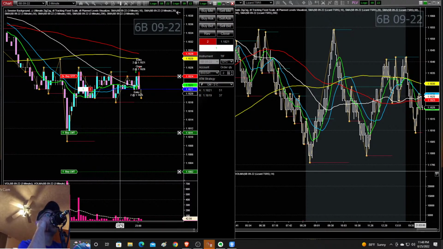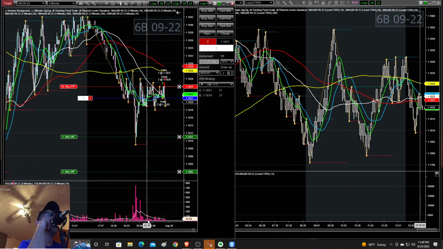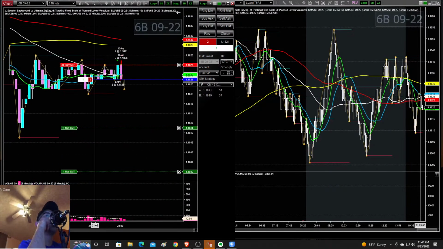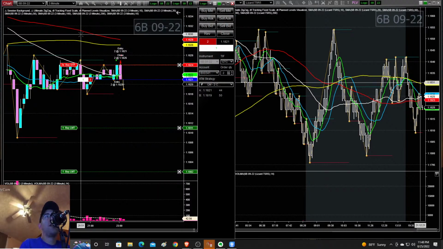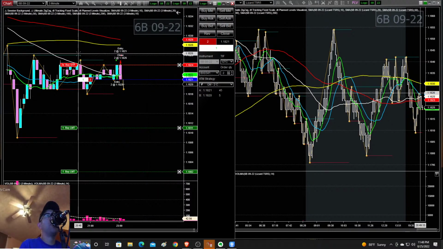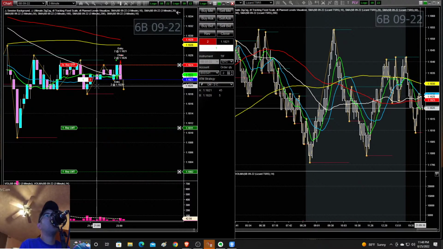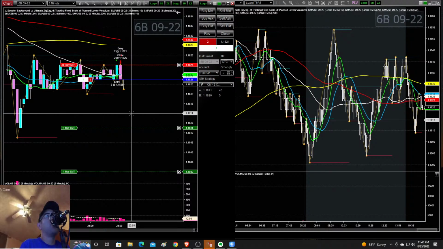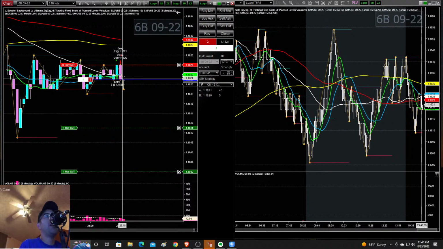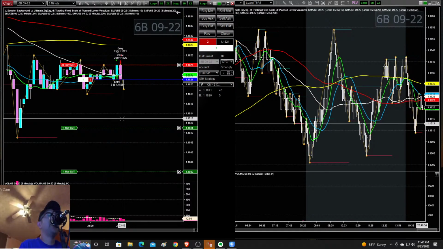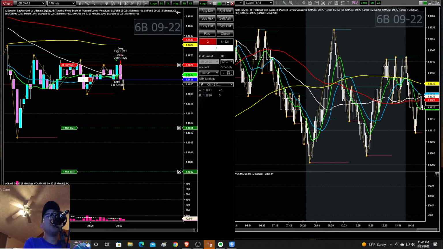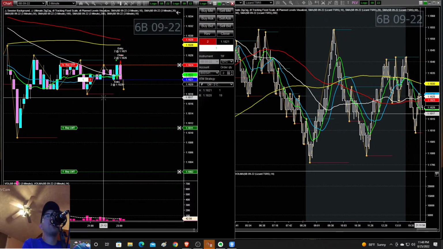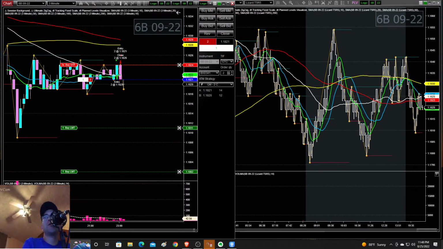Statistically, should be a pretty good setup. So that's what I'm going to be doing with my stop loss. Once I get to 1-to-1, I'm going to be adjusting it to break even, and then that's a free trade at that point, and I can let the trade run. So I'm massaging the R factor of the trade as it progresses.